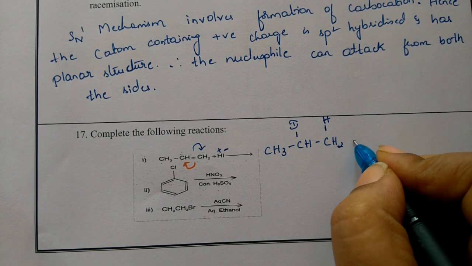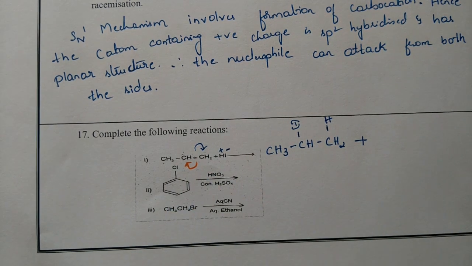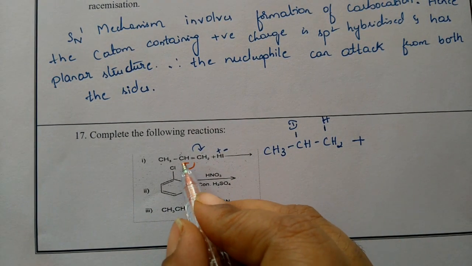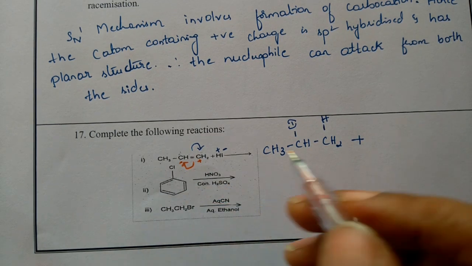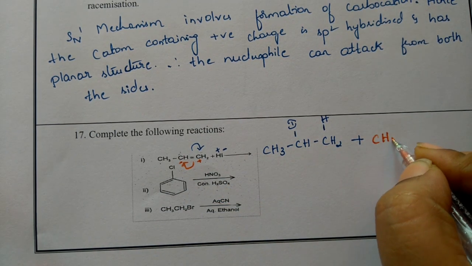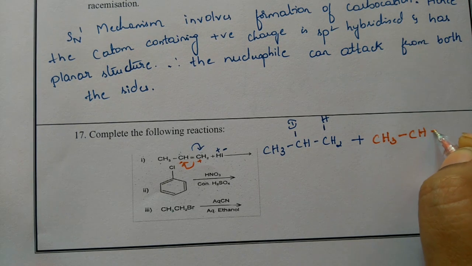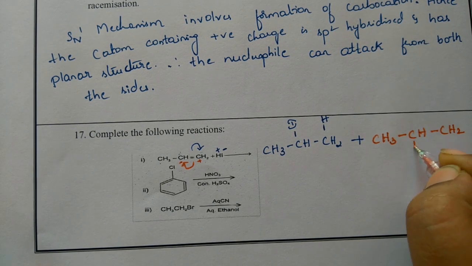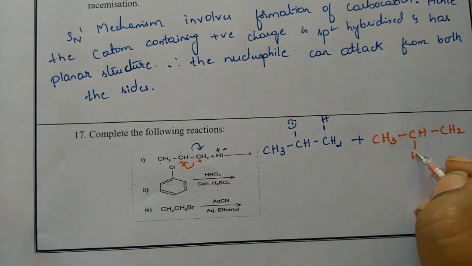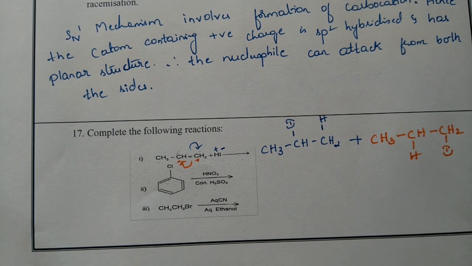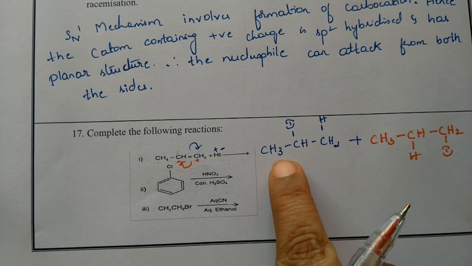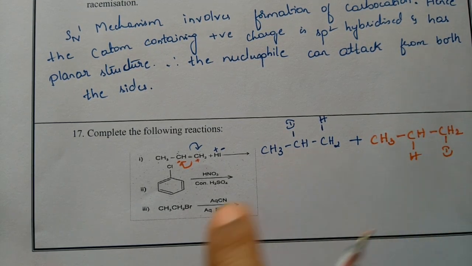Clear? Next product, this side. If it is shifted here, then this becomes negative, this becomes positive. Then it is CH3 CH CH2. It is negative, H plus will be added, it is positive, I minus will be added. So this is the compound. These are the two products formed.